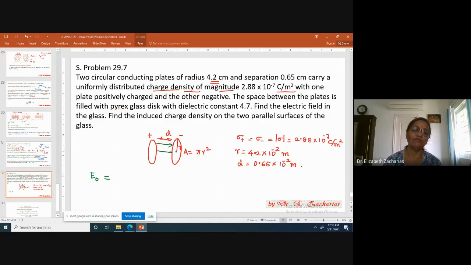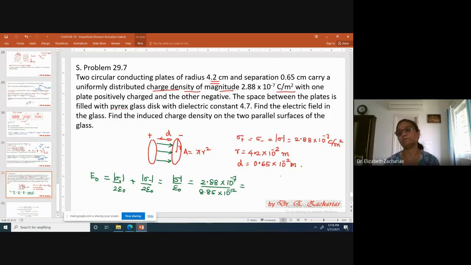There will be a uniform field, let's call it E naught, given by sigma plus by 2 epsilon naught because of the positive plate, plus sigma minus by 2 epsilon naught because of the negative plate. So that becomes sigma by epsilon naught. What is sigma? Sigma is given as 2.88 into 10 to the power of minus 7, divided by epsilon naught, which is 8.85 into 10 to the power of minus 12. So you get E naught.